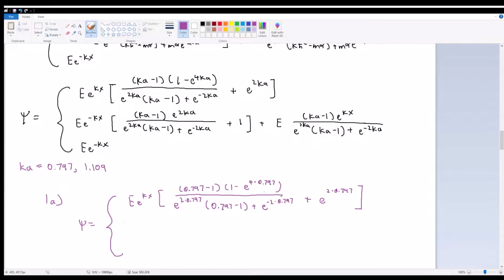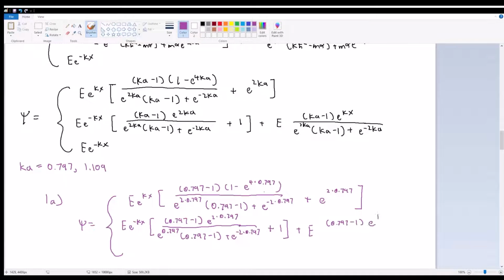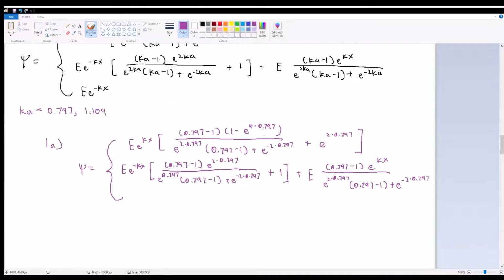And then for the middle, this is e to the negative kx, and then 0.797 minus 1, e to the 2 times 0.797 divided by e to the 0.797 times 0.797 minus 1 plus e to the negative 2 times 0.797, plus 1 plus e times 0.797 minus 1 e to the kx divided by e to the 2 times 0.797 times 0.797 minus 1 plus e to the negative 2 times 0.797 for the middle, and then at the bottom just e times e to the negative kx.